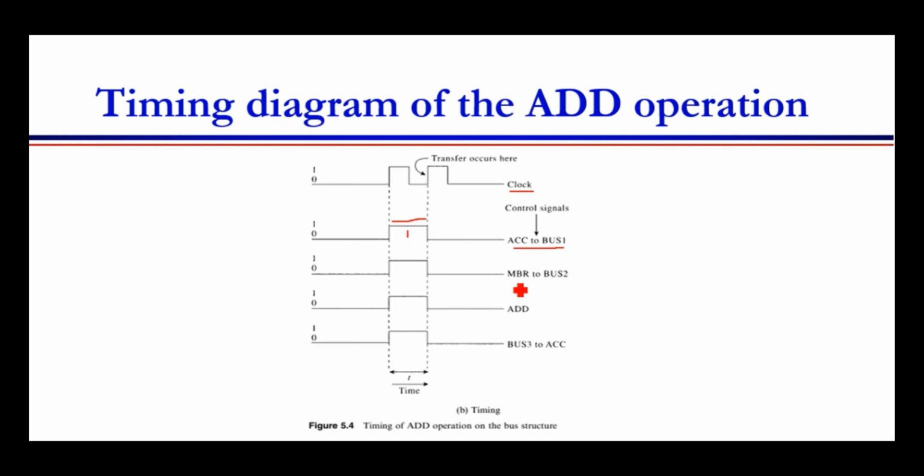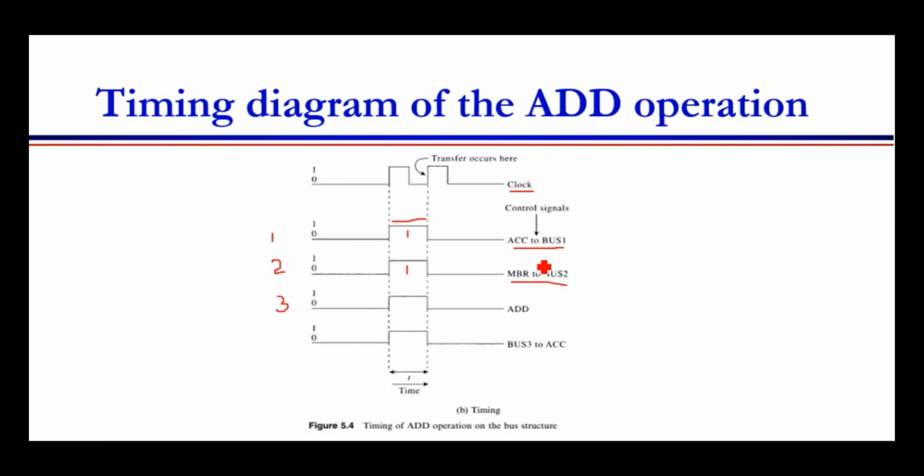The second control signal is MBR to bus 2. MBR will give data to bus 2 whenever the control signal MBR to bus 2 will be high. So we have different control signals. First is accumulator to bus 1, the second is MBR to bus 2, and the third control signal will be the add signal.